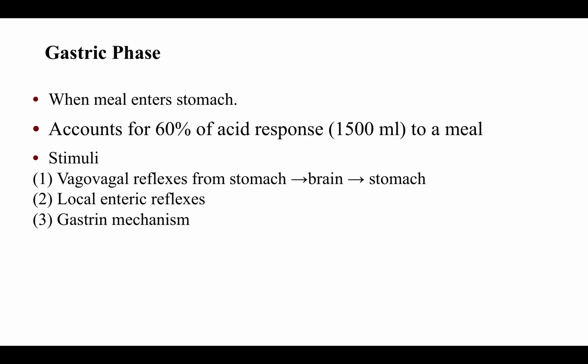The gastric phase happens when the meal is inside the stomach, and this is responsible for the bulk secretion of the gastric acid. About 60% of acidic secretion is induced by this phase, and about 1.5 liters of gastric juice is secreted by this phase.